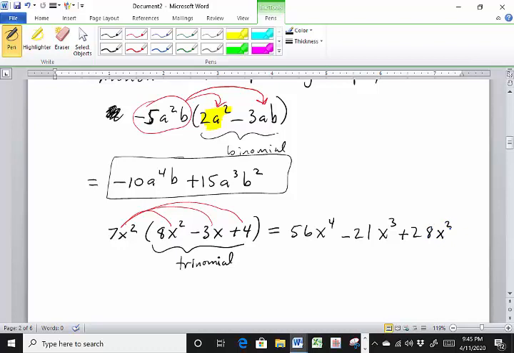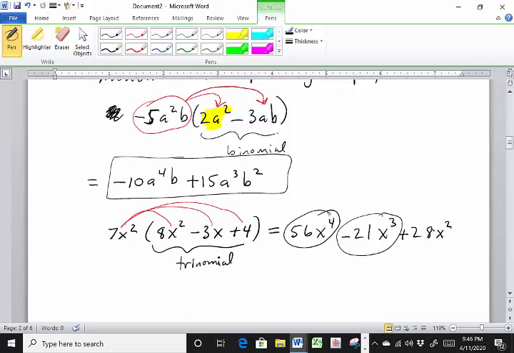Let's do a quick review on this. Let's look at this term. What's the coefficient? It's 56. What's the degree of this term? It's a 4th degree, right? Let's look at this term. What's the coefficient? It's negative 21. What's the degree of the term? X cubed.